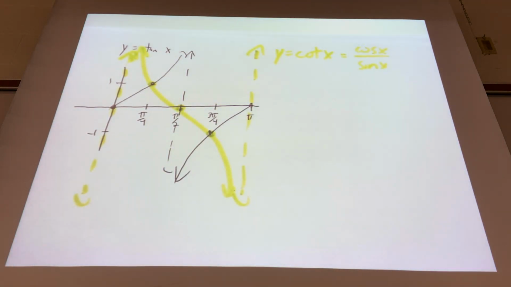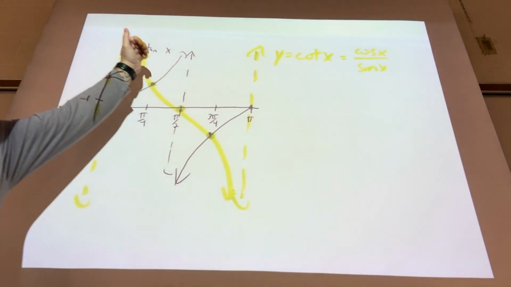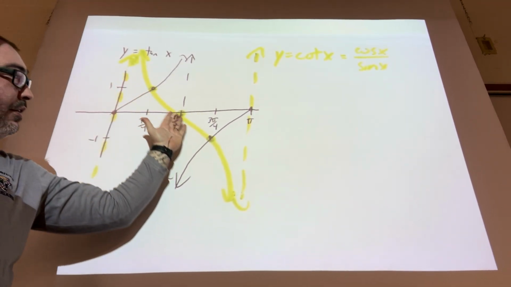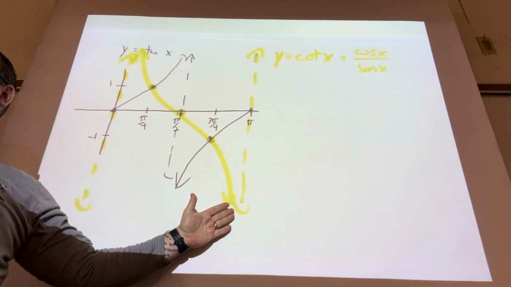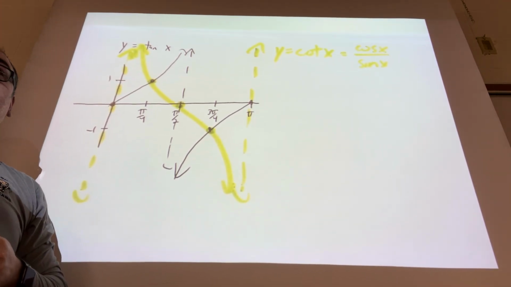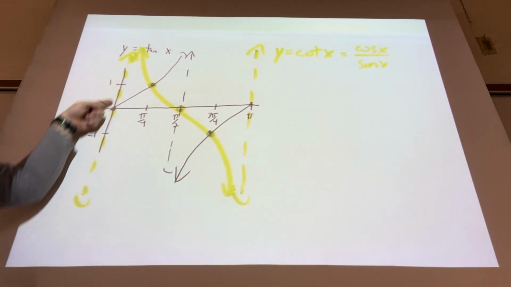And connecting our dots, what we see with the cotangent graph is the tangent graph goes upward, the cotangent graph goes downward. Cotangent starts undefined.